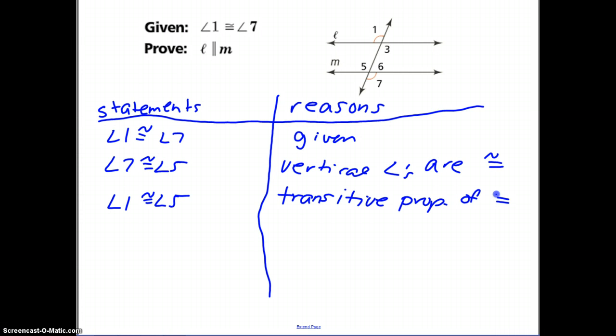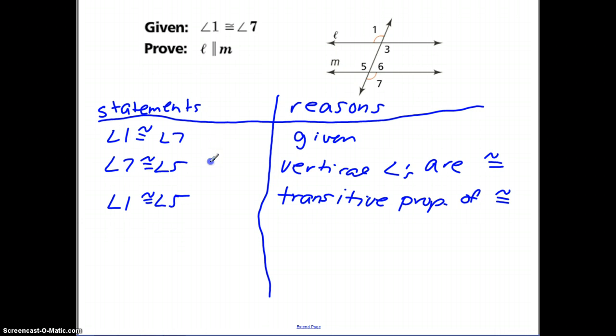Now, what the transitive, just think of like transit. You're moving. So your transitive property means that you can move from one angle pair to another. So you can go from 1 to 7, and then you can move from 7 to 5. So that means you can go from 1 to 5. That pattern should look really familiar to you. It's just like your law of syllogism that we looked at last chapter, except now we're doing it with congruent angles.